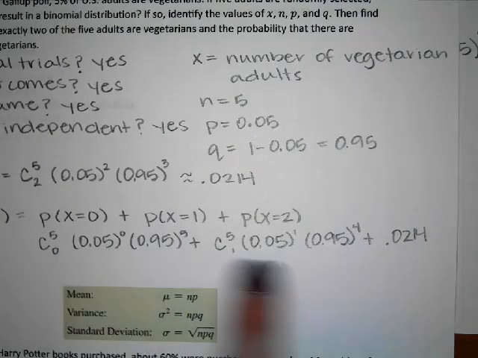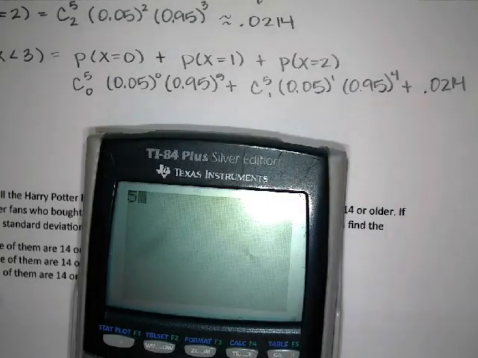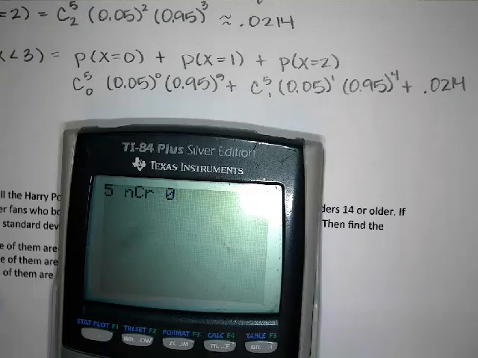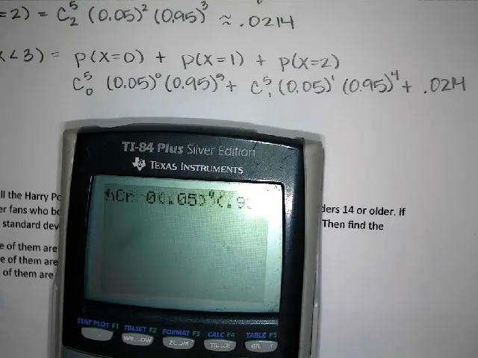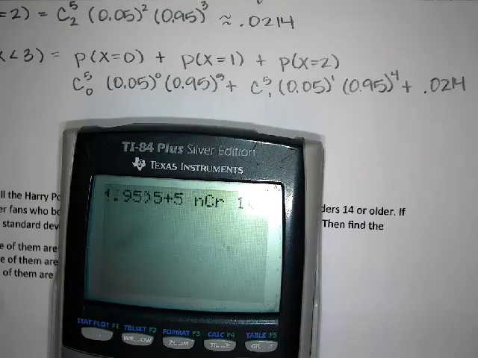Okay, so I'm going to say 5, 0, plus, and now I'm going to add the next probability, and then plus 0.0214.